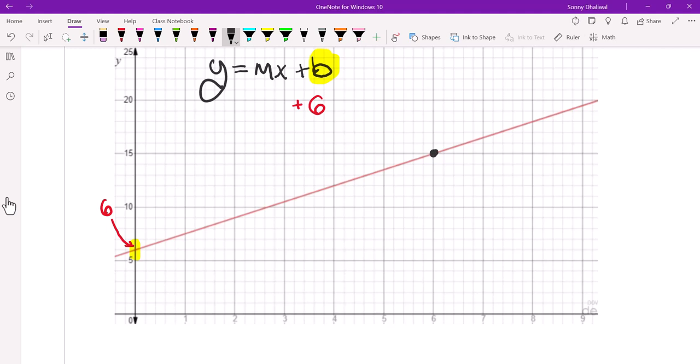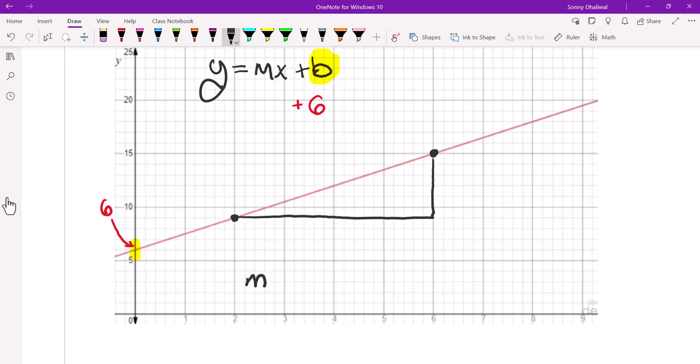And another one, maybe at the 2. That's not too bad to read. Now we make our triangle between these 2 points. It doesn't matter which 2 points you pick. It's always going to be the same number.